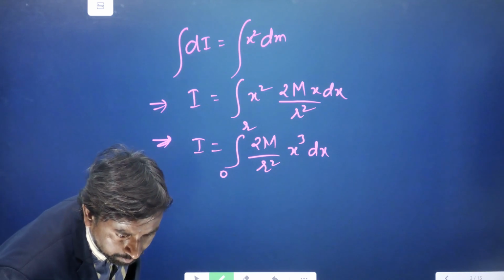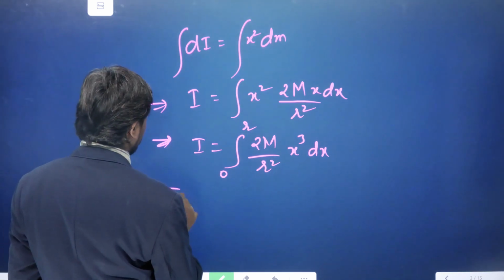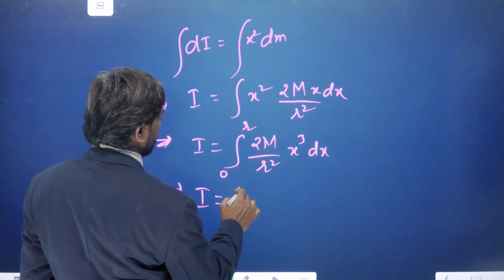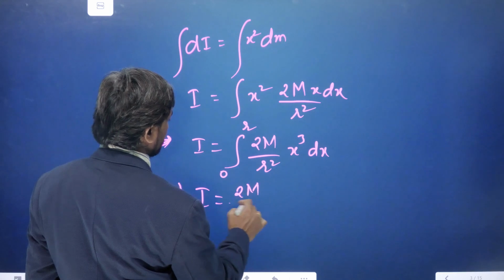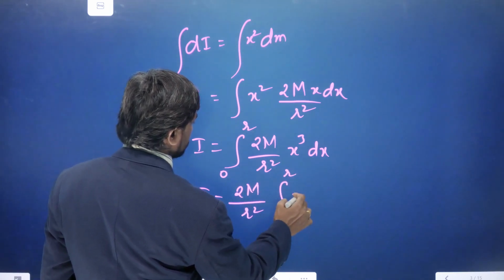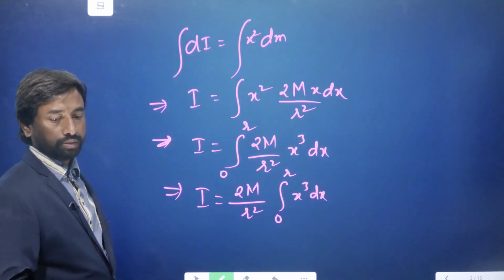So 2M by R square is common and can be taken out of the integration, with the integral from 0 to R of x cube dx.